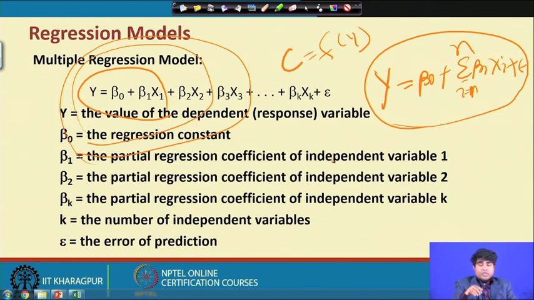And in the meantime, why is there an error term in a regression model? There are many reasons, and one of the typical reasons is that we are not in a position to capture all the independent variables to predict the dependent variable. Since we cannot incorporate all the independent variables, the error term can take care of those missing variables.